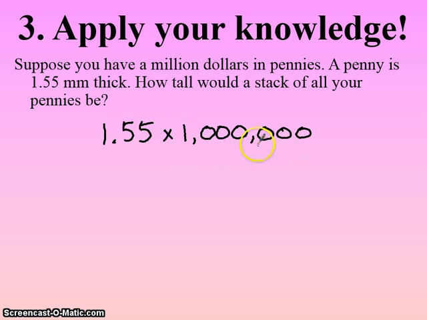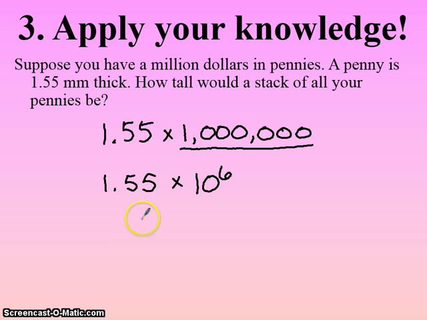So to write that in scientific notation, think about how many powers of 10 there are in 1 million. 1 million is 10 to what power? Well, this would be 10 to the first, second, third, fourth, fifth, sixth power. So we could have 10 to the 6th power.